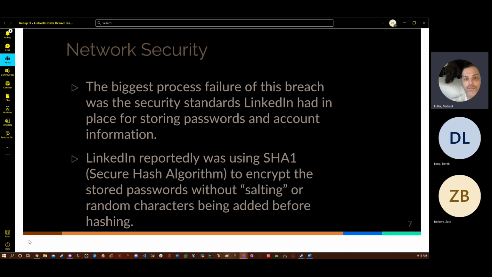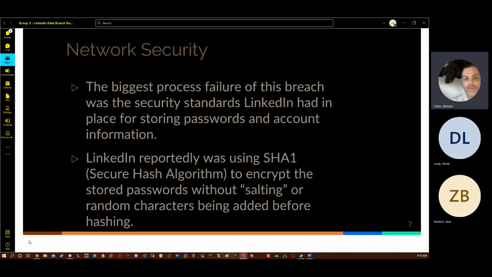By today's standards, we have the Secure Hash Algorithm 3 family of hashes, and it's recommended to use at least SHA-256, but they recommend 512, which is part of the SHA-3 family. But we do know that was their first problem: they were using something that had been proven to be broken.